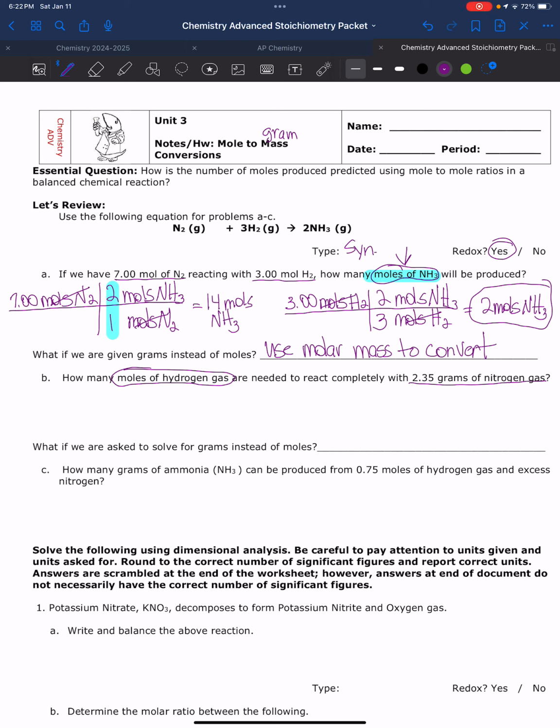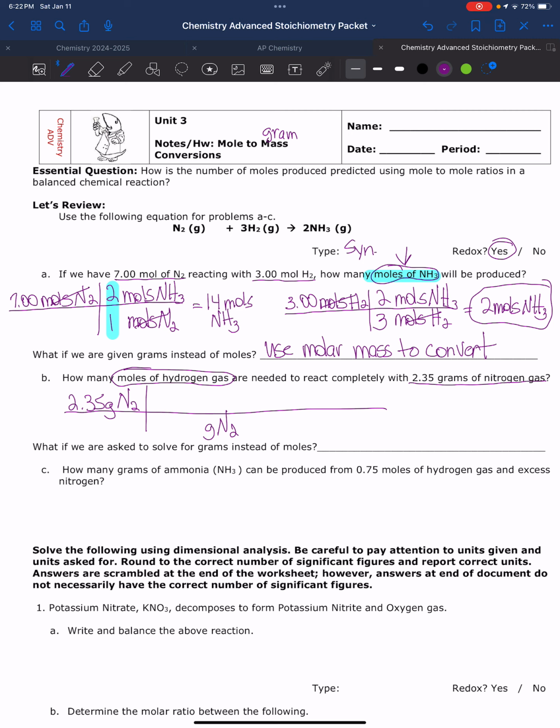I have 2.35 grams of nitrogen gas, and I want to know how many moles of hydrogen gas I can make. So I'm going to start a stoichiometry problem, and I'm going to put my 2.35 grams of nitrogen right here.